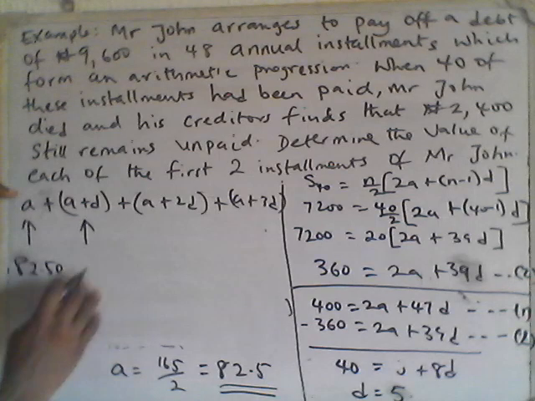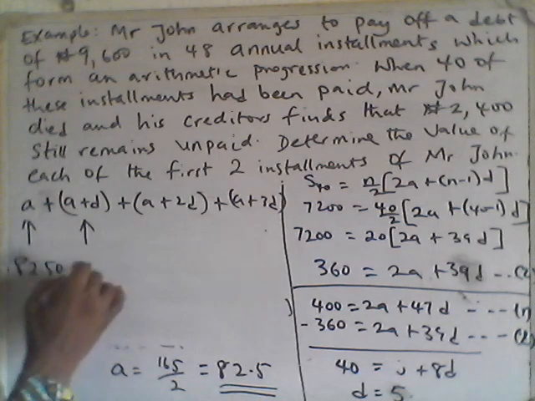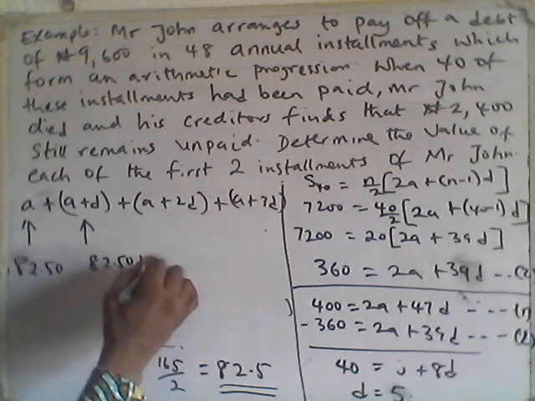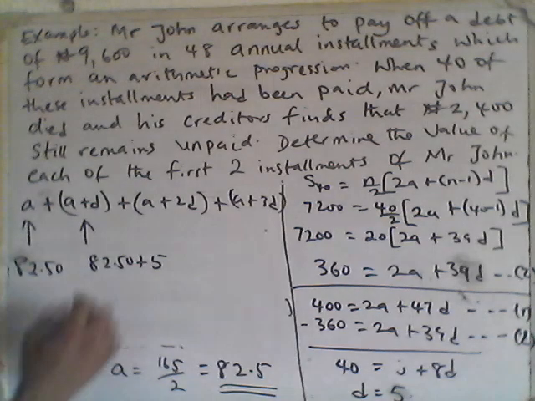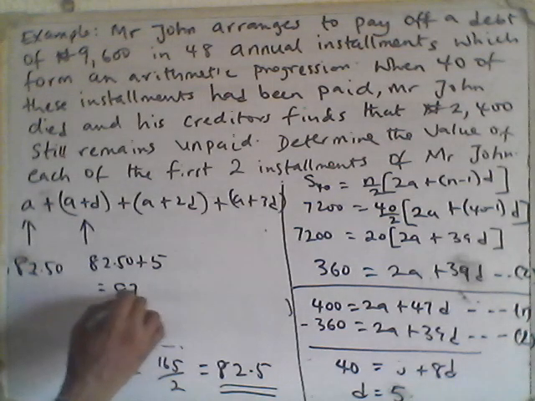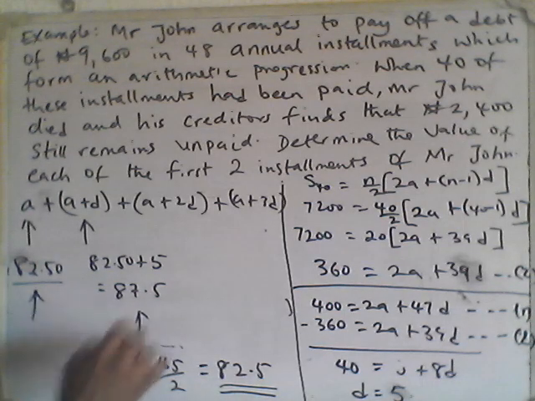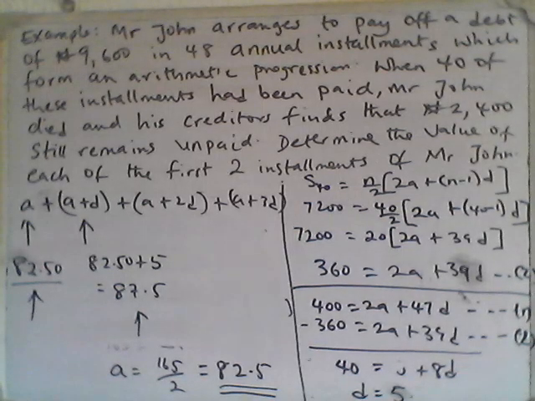Now second installment payment will be 82 naira 50 kobo plus 5 naira. So that will give me 87 naira 50 kobo. So we have completed the first installment A, and this is the second one. Okay, so I hope this clarifies. Let's go on to the next one.